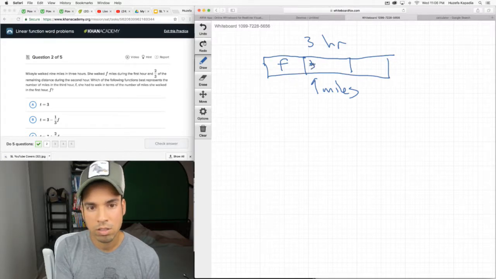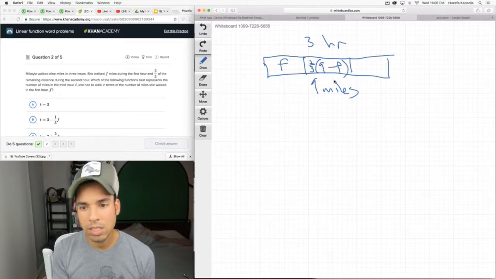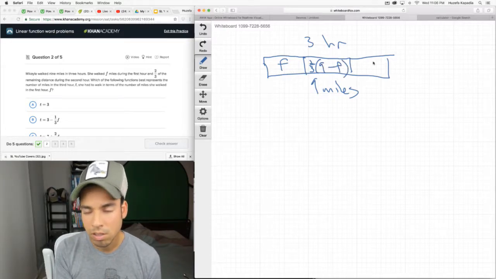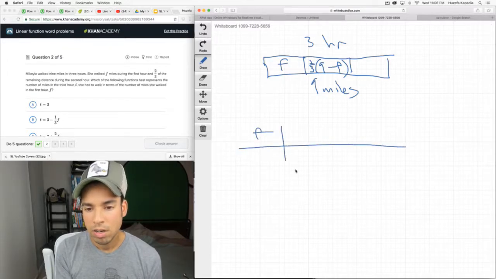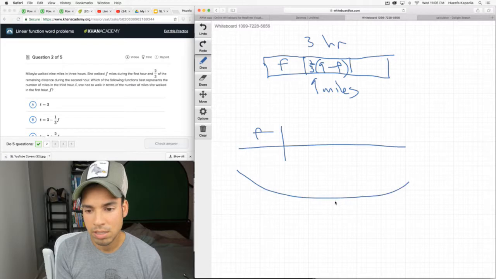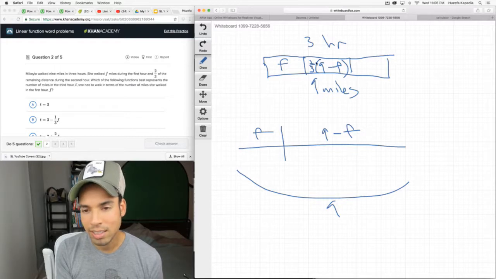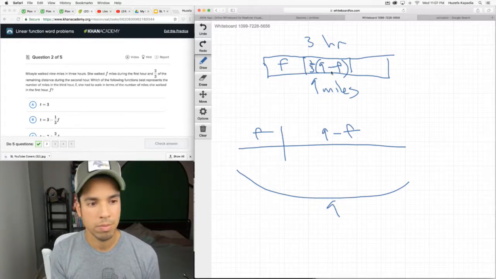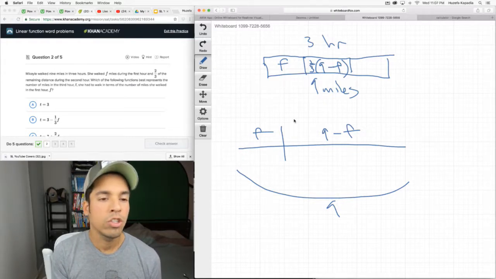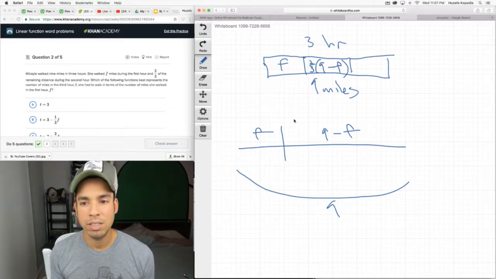The remaining distance is 9 minus F. If that doesn't make sense, what I did is, first she does F miles, and then this entire bit is 9, so this bit here is 9 minus F. So in that second hour, she only does 2/3 of this remaining distance. That's how I'm breaking it down.